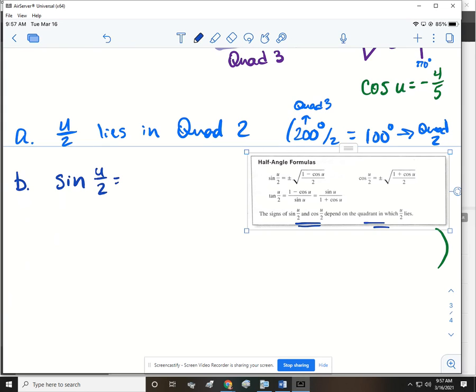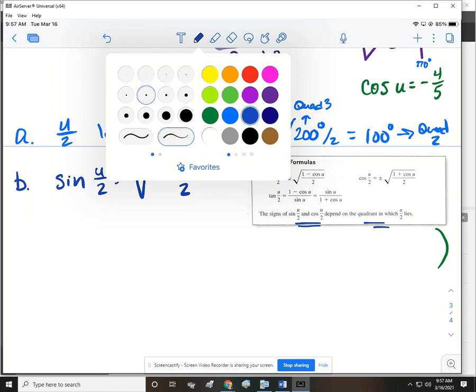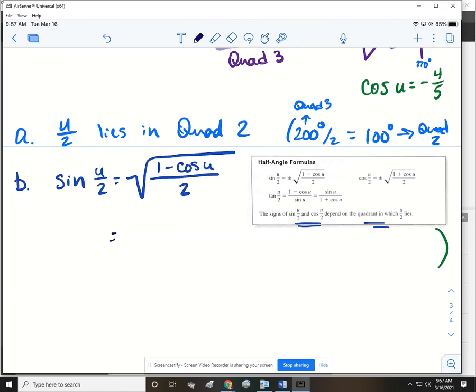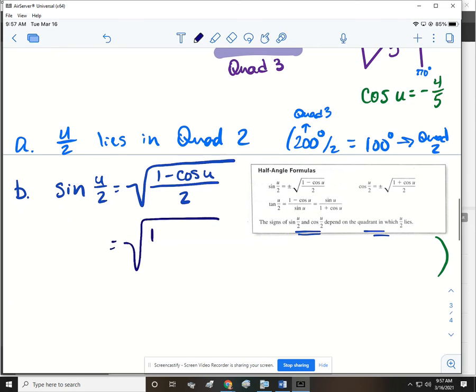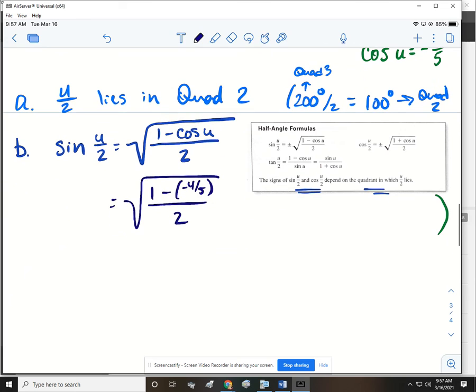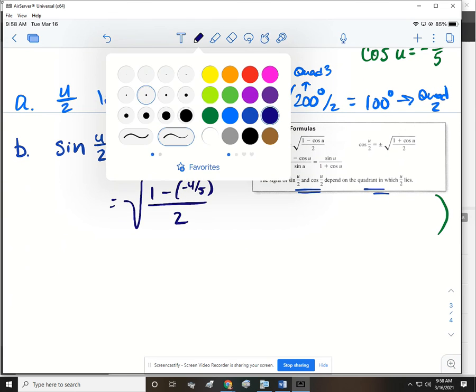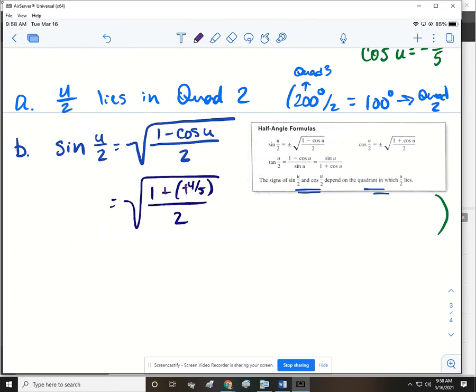So in quadrant 2, sine's positive, so we're going to do the positive square root of 1 minus cosine of U over 2. We just wrote that the cosine of U is negative 4/5. So 1 minus negative 4/5 over 2 goes under the square root. Now we all know we don't do minus negative, we change it to plus positive.